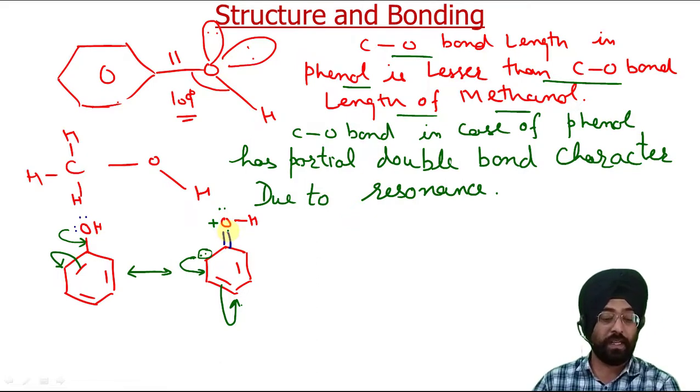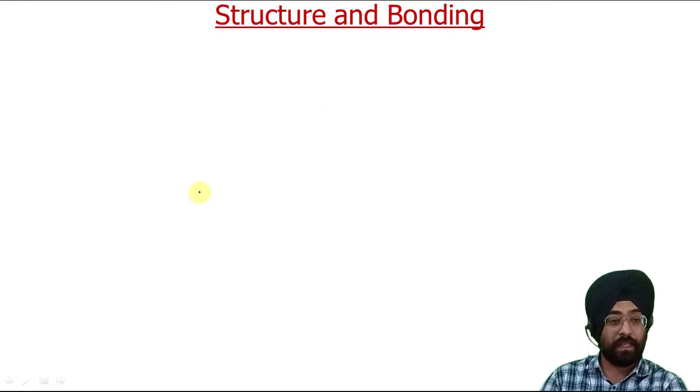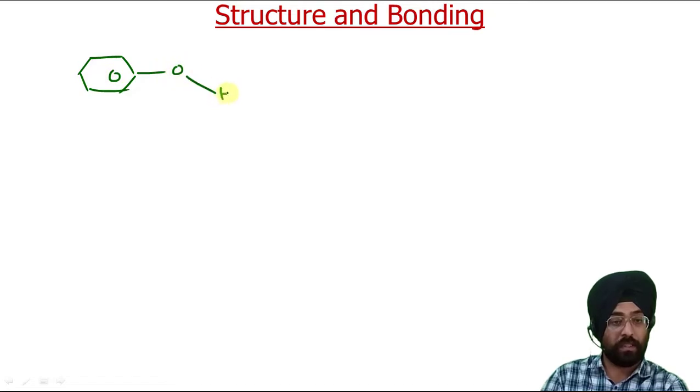And next very interesting thing is that as oxygen is more electronegative, it tends to attract these electrons towards itself, so it tends to have a partial negative character, and this carbon and hydrogen, they have partial positive character.